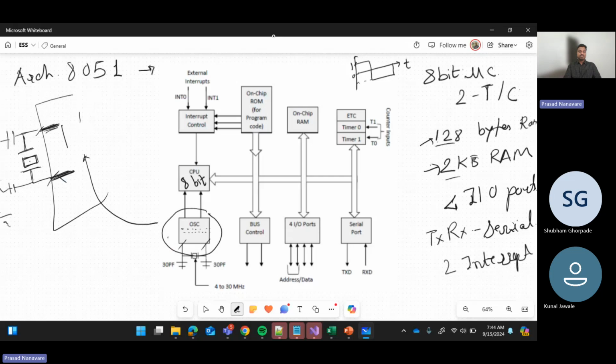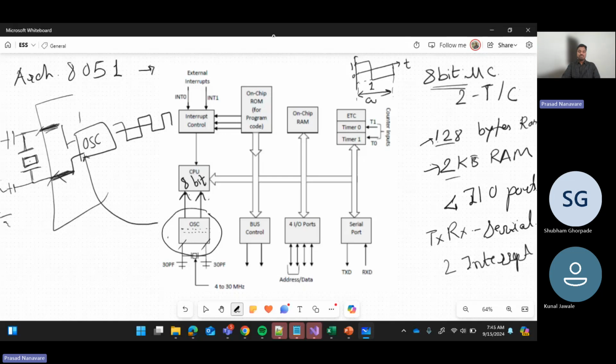The oscillator comes into play here, and inside of the controller, this oscillator circuit's output is this clock cycle, which is fed to the CPU. The CPU operates on this clock cycle in order to process. If there is one clock cycle and my CPU is 8-bit, an 8-bit microcontroller means I have an 8-bit CPU, and those 8 bits are processed in this one clock cycle.